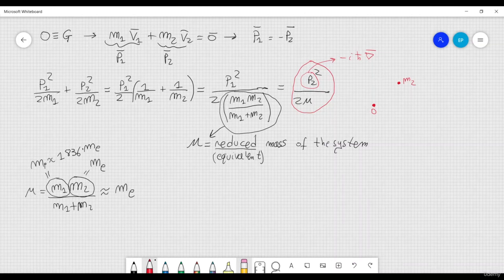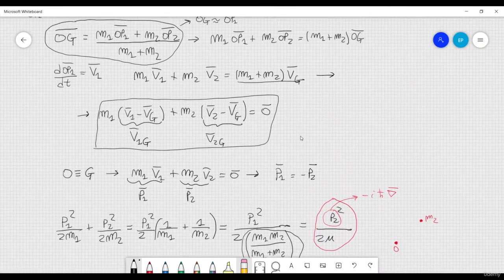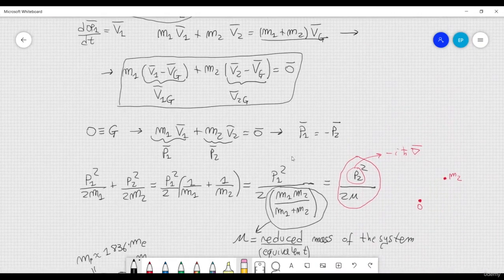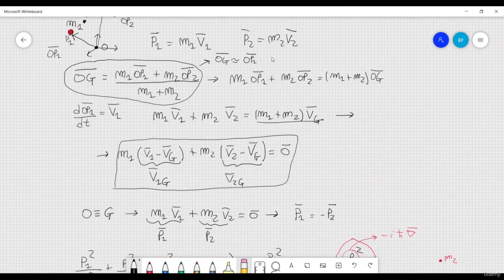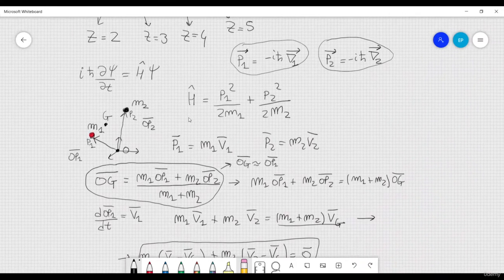Okay, so the expression for the Hamiltonian will simplify a lot, because we will have some p squared. Now I will drop this subscript 2 here. I will just call it p squared divided by 2 mu, and then I will have some potential. Okay, so the kinetic energy is of course equal to p squared divided by 2m, but in the expression for the Hamiltonian, I also have to consider a potential.